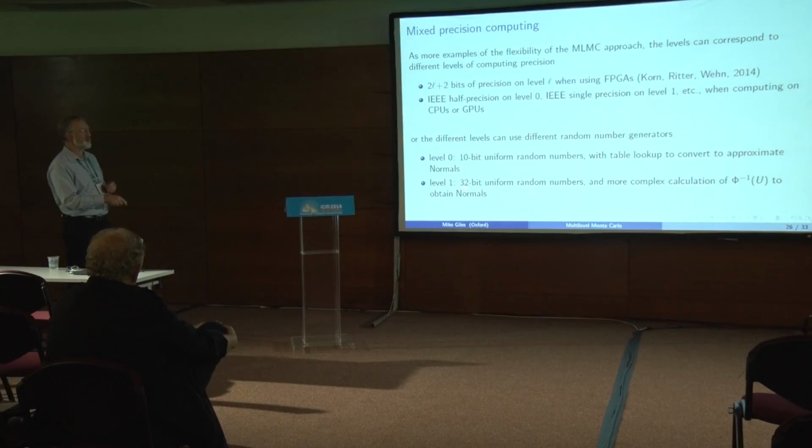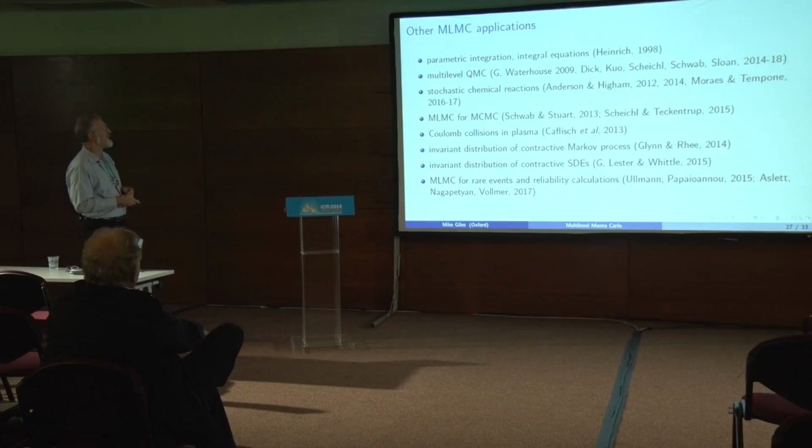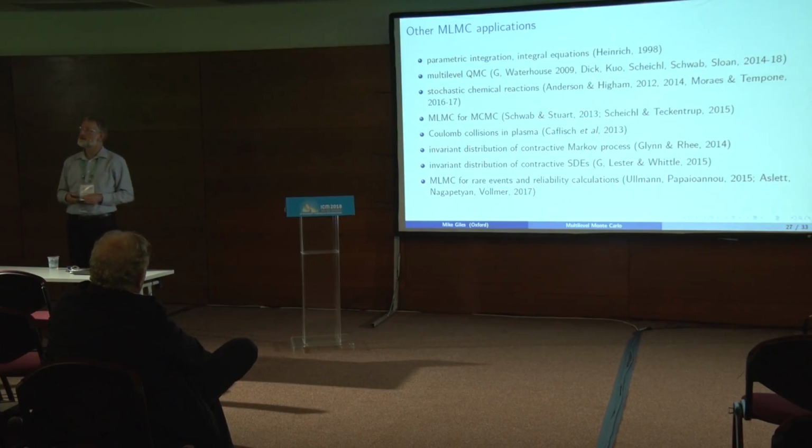Whereas on level 1, you can use a 32-bit uniform random number generator and then properly invert the normal CDF function to generate normals. Okay? There's just all sorts of different ways that you can use this multi-level approach. So here's, again, a list of different application areas that people are working on.